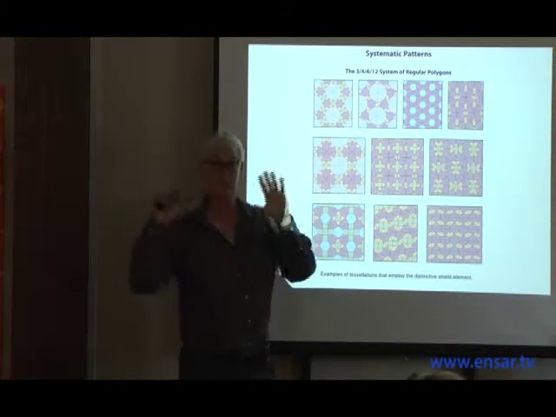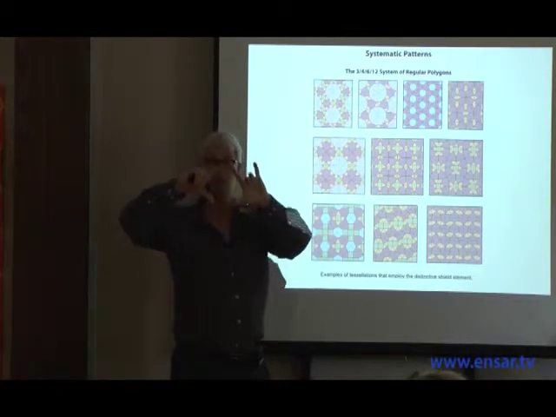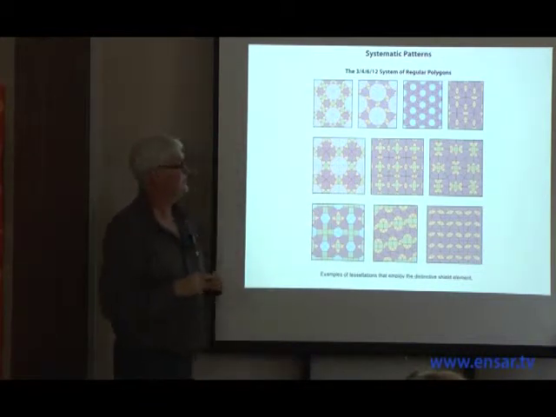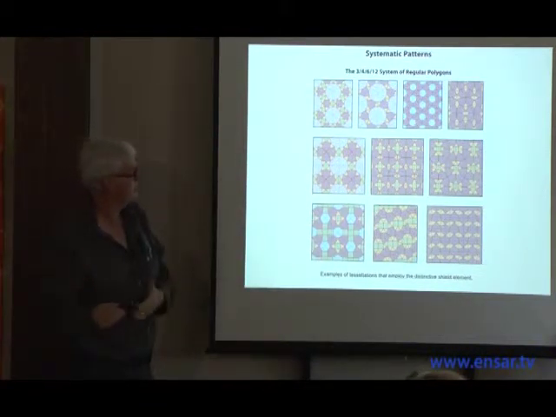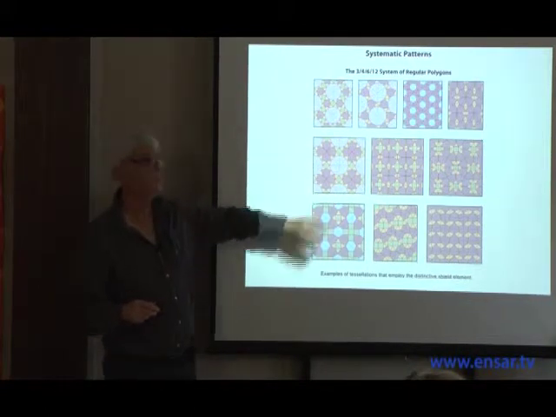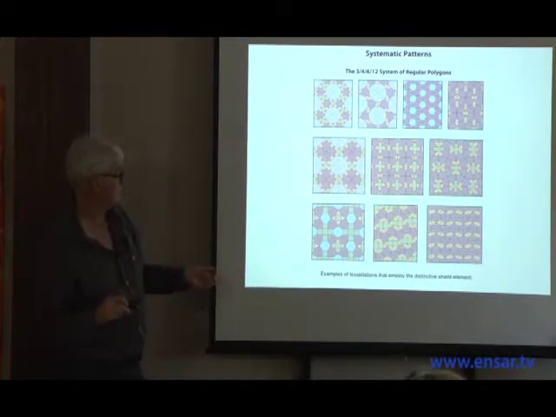It's basically 3 squares of the same size that are point to point rotated around. So it's technically not a regular polygon, but it tessellates with the regular polygon so elegantly that it's appropriate to include it in this particular system.